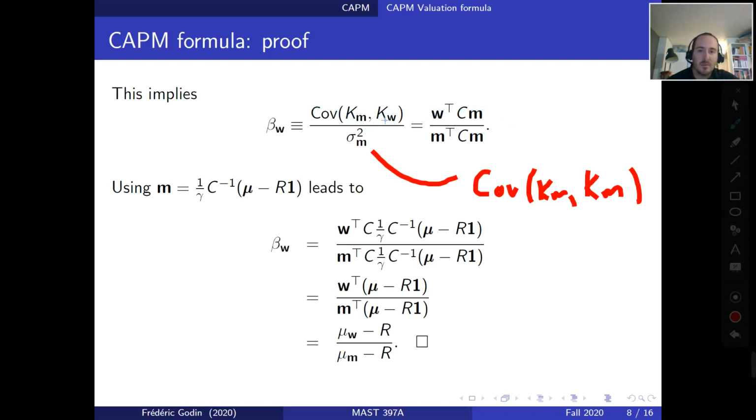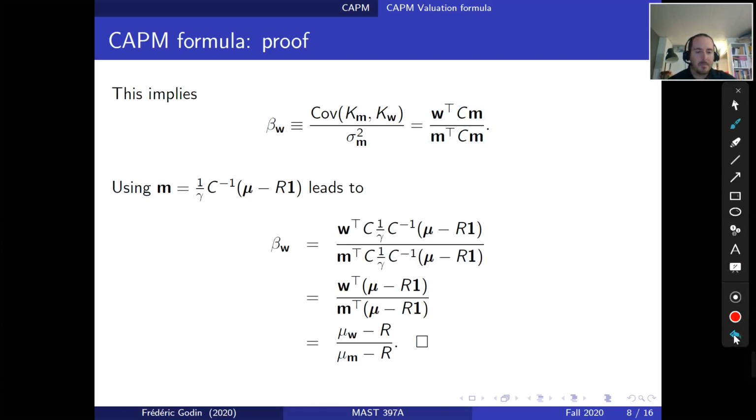The covariance between the market portfolio and any portfolio W is W transpose C M. But here we can simply let W be equal to M. Then the denominator becomes M transpose C M. So this beta_W, defined as the covariance between the market portfolio and the portfolio W returns divided by the variance of the market portfolio returns, is given by this expression.